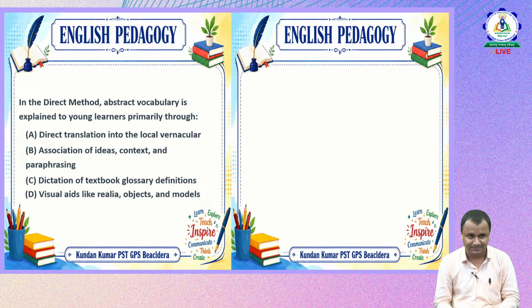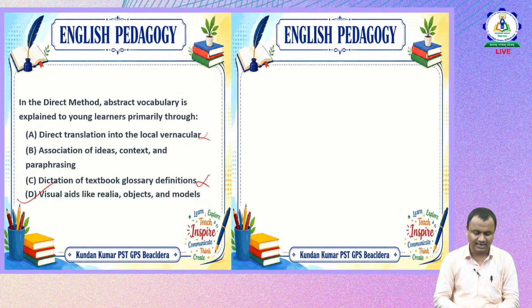Will you do direct translation into the local vernacular, which means the mother tongue? No. Association of ideas, context and paraphrasing? Maybe. Dictation of textbook, glossary, definitions. Visual aids like realia, objects and models. Yes, we use visual aids, realia, objects and models to teach abstract concepts or vocabulary while teaching through the direct method.